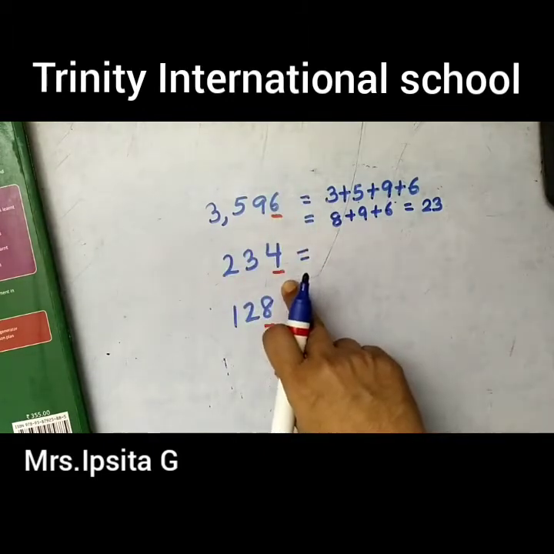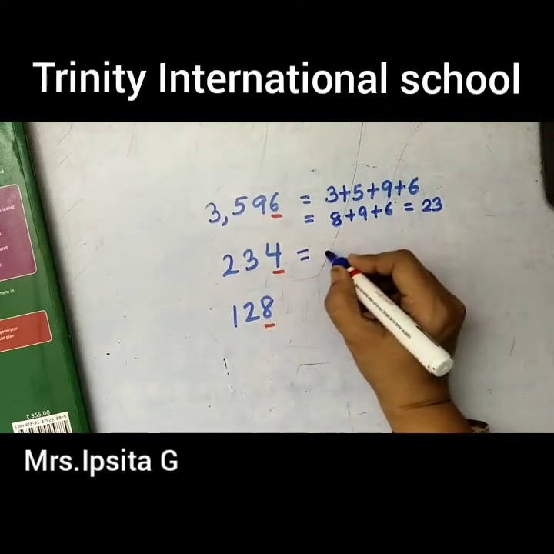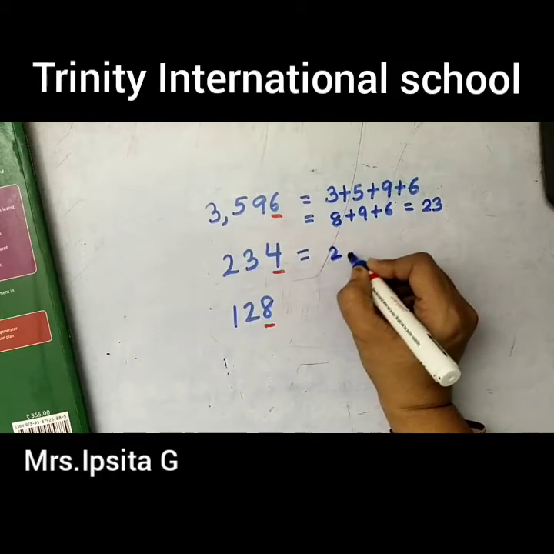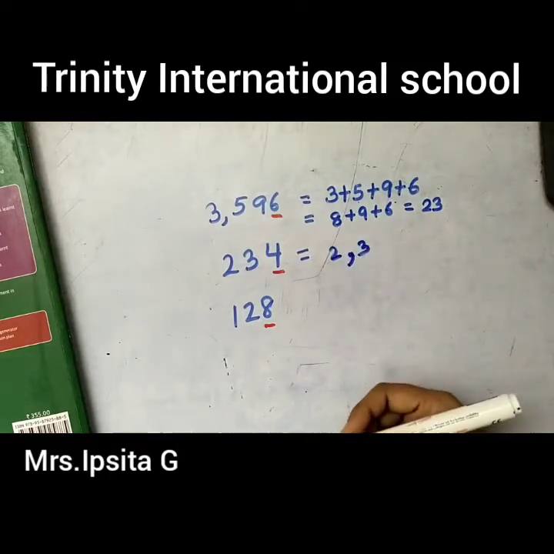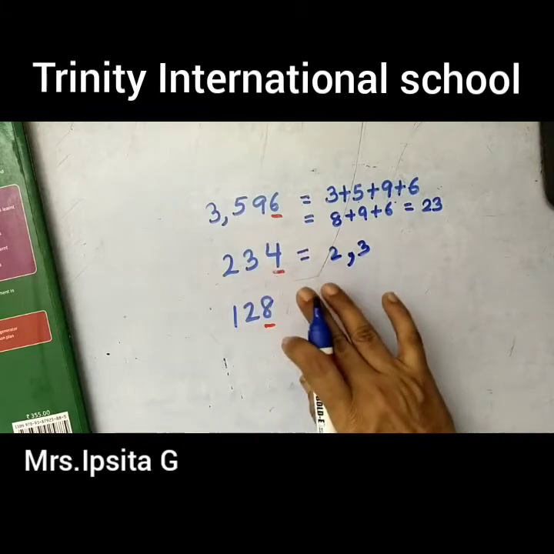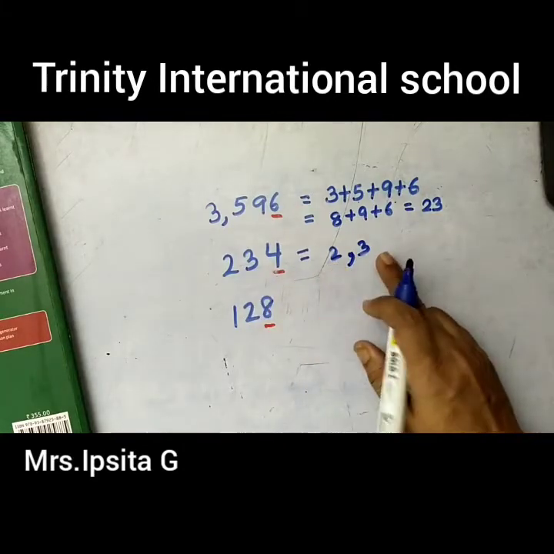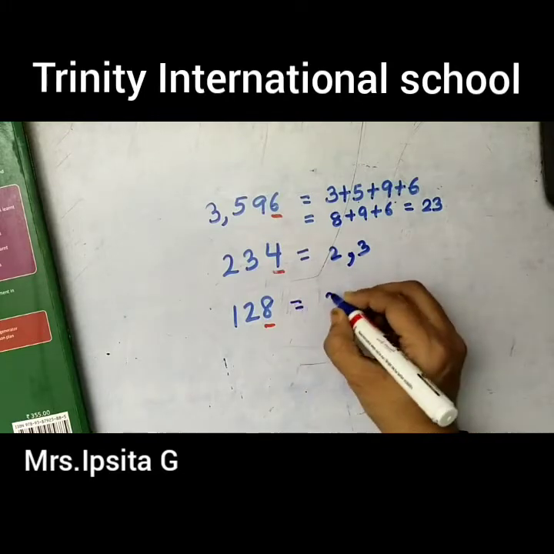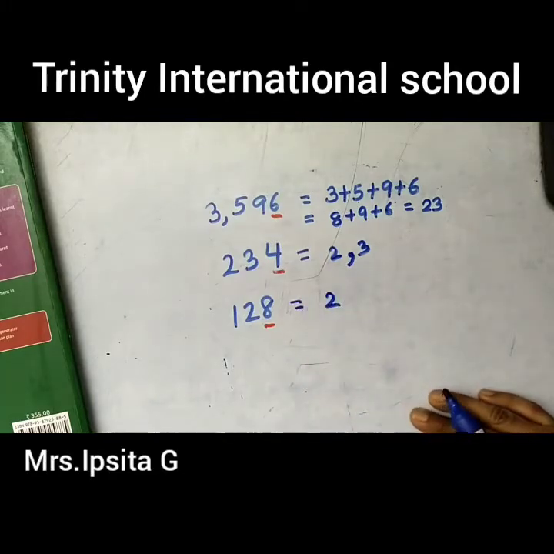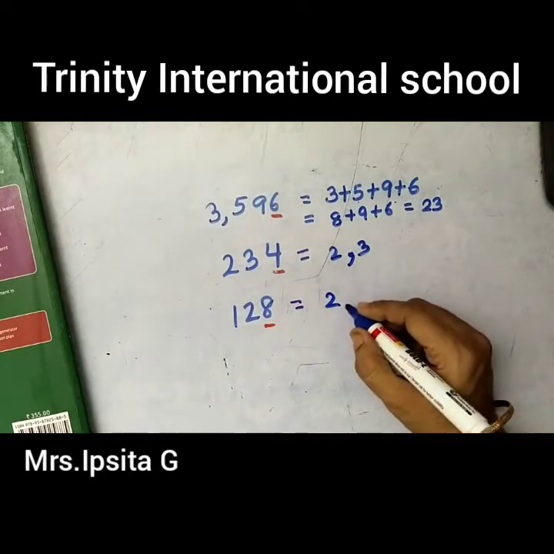Now here what we have seen, that this number is divisible by 2 as well as with 3, isn't it? Because as we have added up, we got 9 as our sum, and we know that that is divisible by 3. Now here this is only divisible by 2, okay, not divisible by 3.